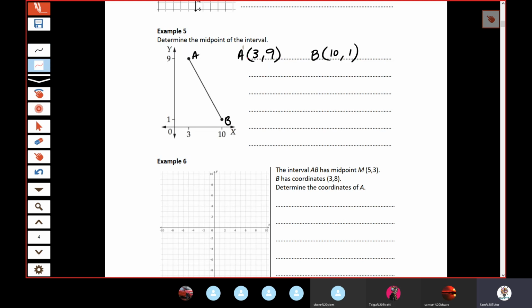Now that you've got your coordinates, it's good to label them so you don't make a mistake. And then of course we know the formula is x1 plus x2 on 2, y1 plus y2 on 2, and it's just a matter of substituting it in. 3 plus 10, and then 9 plus 1, which is 5.